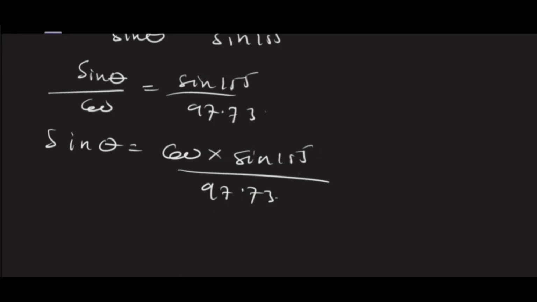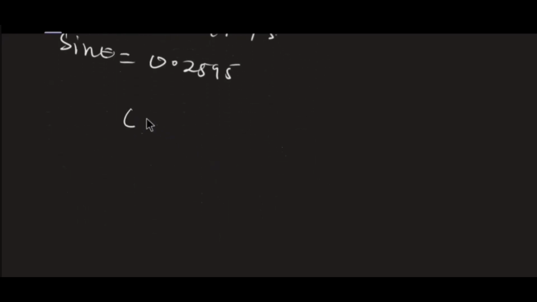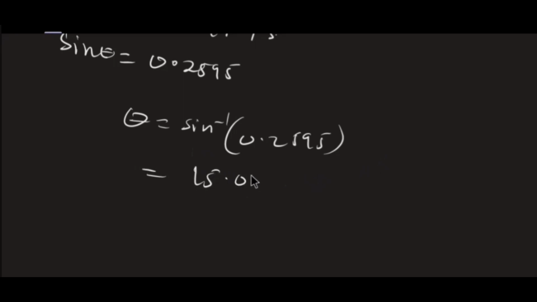So let's see, 60 times sine of 155 all over 97.73, and that is giving me sine theta equal to 0.2595. So taking the sine inverse, my theta will be equal to sine inverse of 0.2595, and that is equal to 15.04.